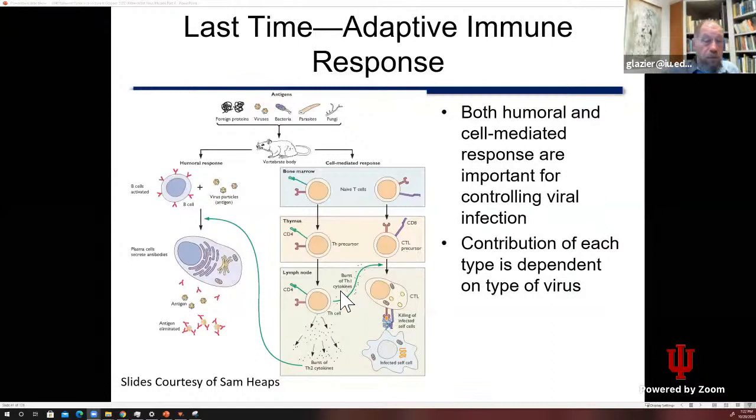Then they are released to the lymph node where they're stored and banked, essentially, until an antigen presenting cell comes to activate them. Once they're activated, then they move back to the tissue. Some of them become what are called memory T cells and provide, again, a faster response once you've been exposed.